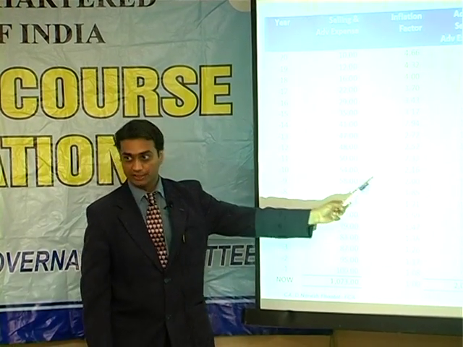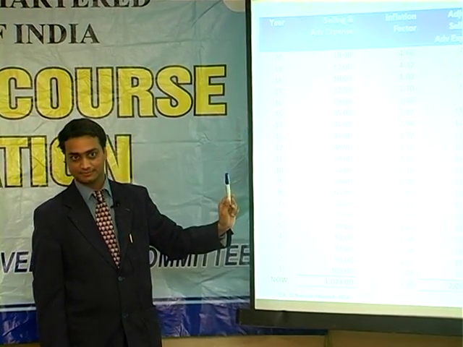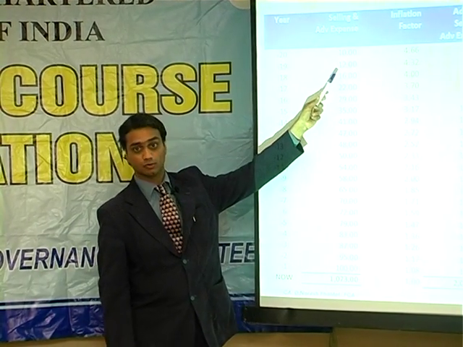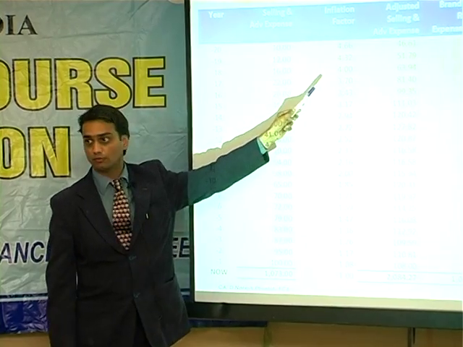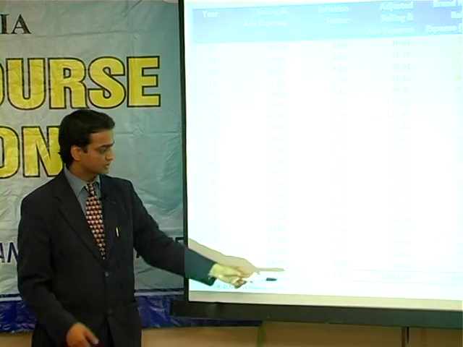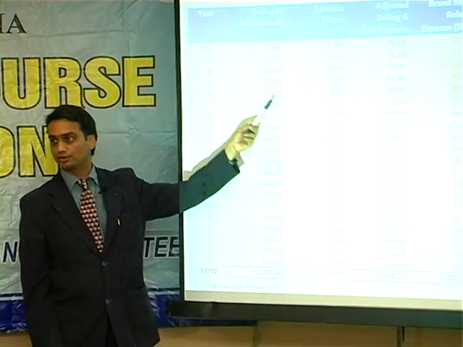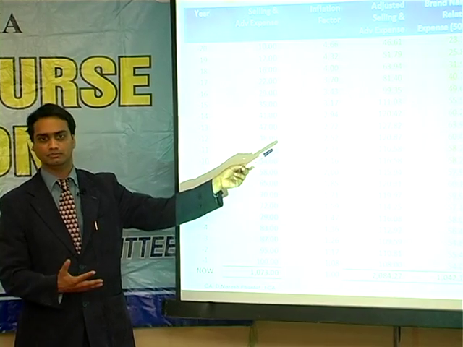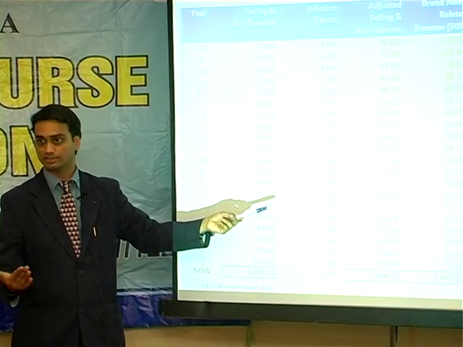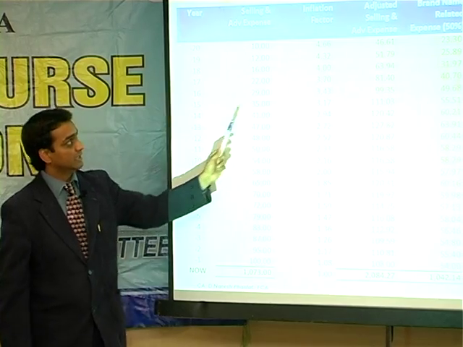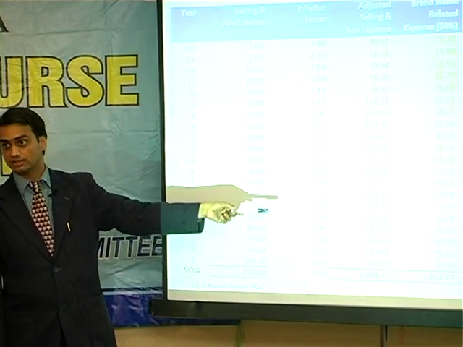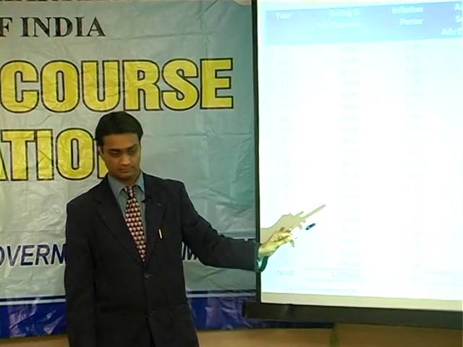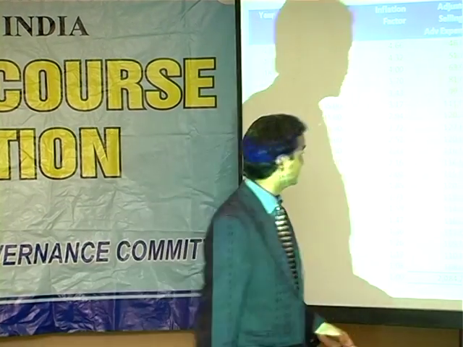I have adjusted it for inflation to say 10 rupees spent 20 years back would be worth 10 into 4.66 now. I've used 8% long-term inflation in India. I mean, it's a high number, but you can use your own. Inflation adjusted, not cash flows, advertisement spend, not admin, advertisement spend.